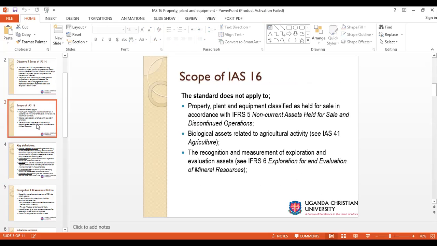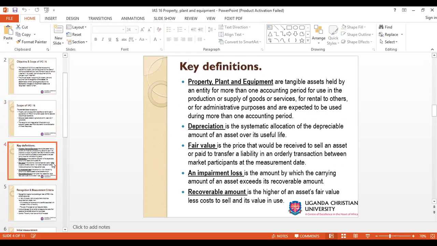Let's look at some of the key definitions in the standard. One, property, plant, and equipment. What is property, plant, and equipment? It is defined by the standard as the tangible assets which are held by an enterprise for use in production or supply of goods and services, or for rental to others, or for administrative purposes, and are expected to be used during more than one accounting period.